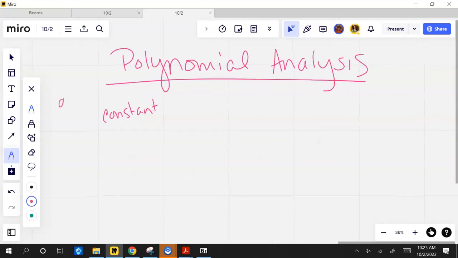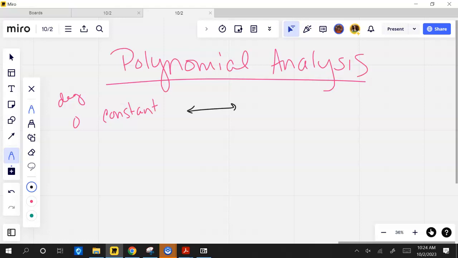We said a degree of 0 was a constant. What does that graph look like, though? What does the graph of a constant look like? Straight line, this way, right? It looks just like this.